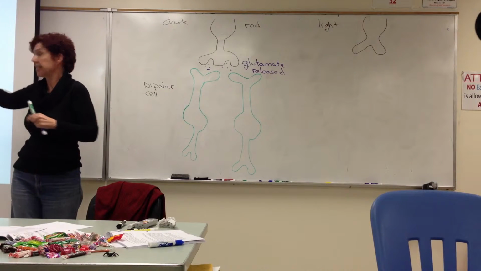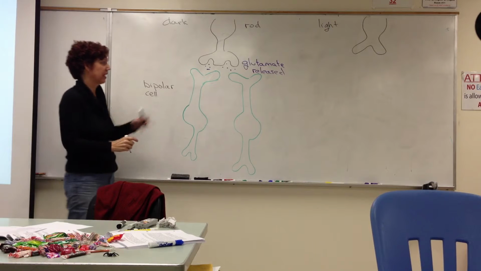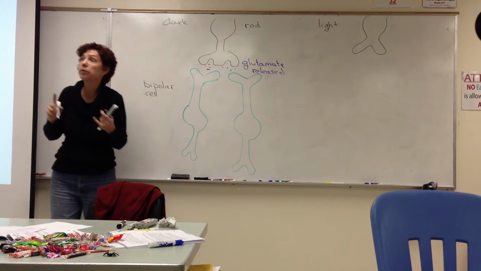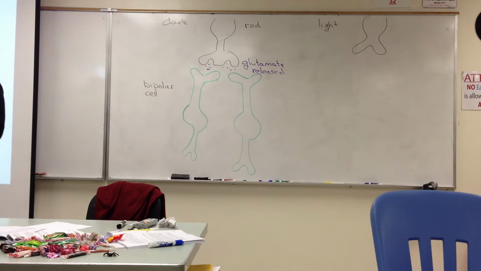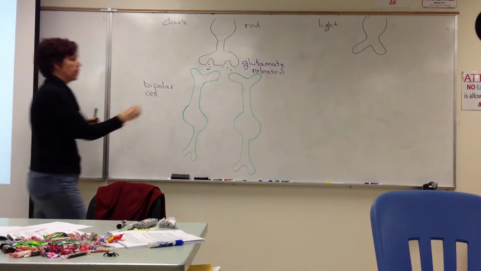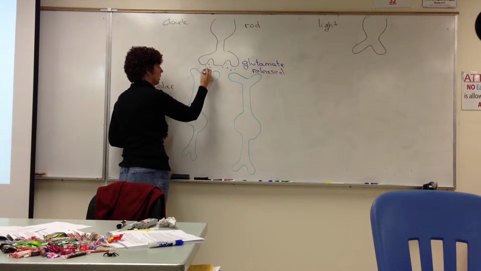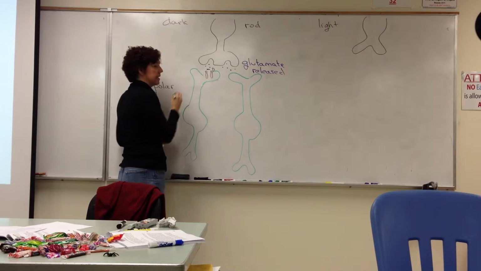Here's why I said this was partially correct. Glutamate has two different kinds of receptors, right? Ionotropic and metabotropic. So this cell on this side, we're going to give it an ionotropic receptor.